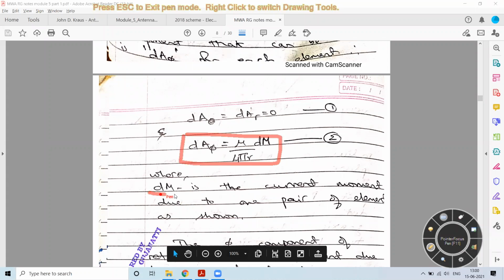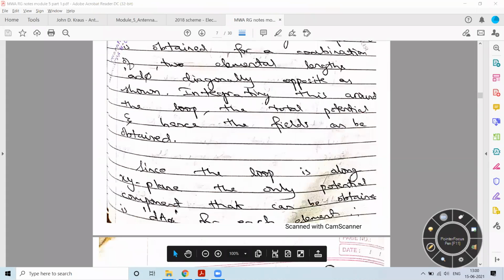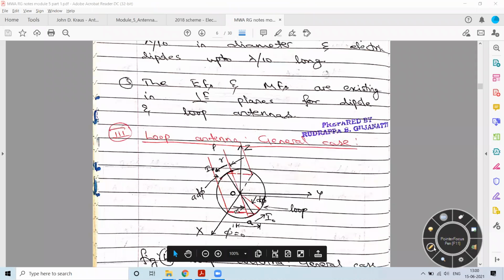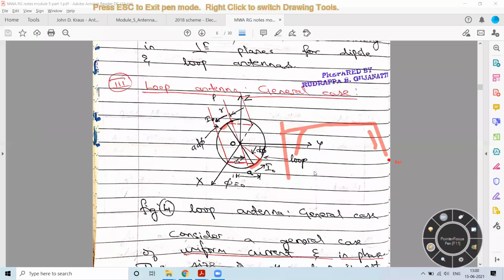Now what is dm in this case? It is the current moment which is due to the one pair of elements which is shown. So here we had considered an elemental parameter, that is a d phi, the current moment because of these two elements.